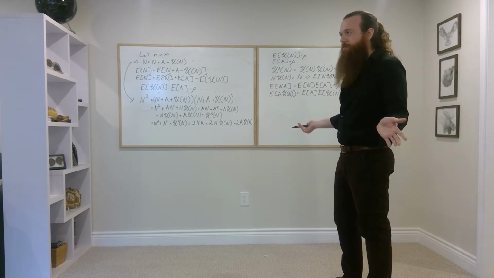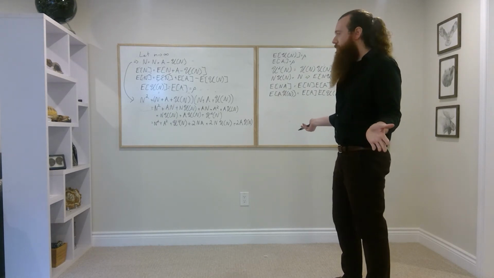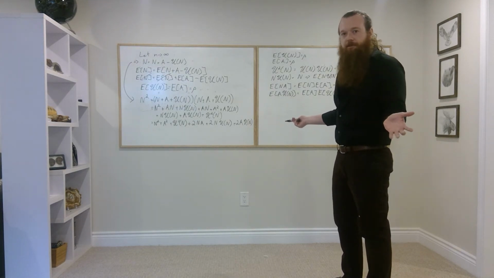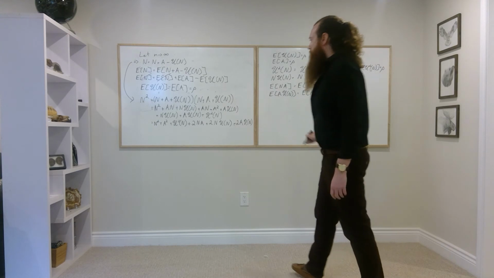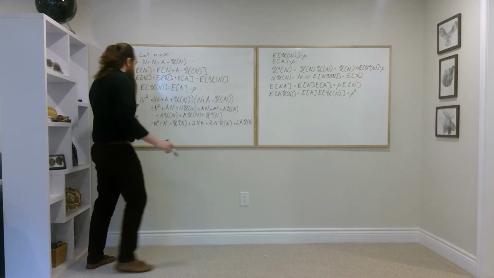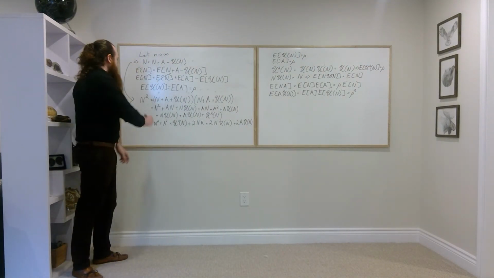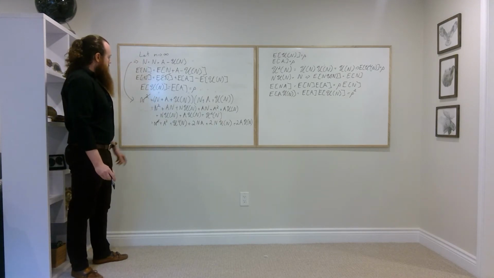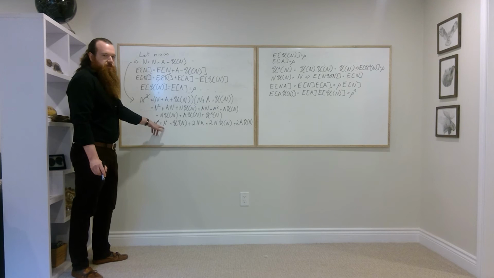And if I don't know what the expected value of n is, I'm going to have a real hard time coming up with the expected value of n squared. But I don't have to worry about solving the expected value of n squared. Why not? Because they cancel out. Oh. So now all I have to worry about is the expected value of a squared.